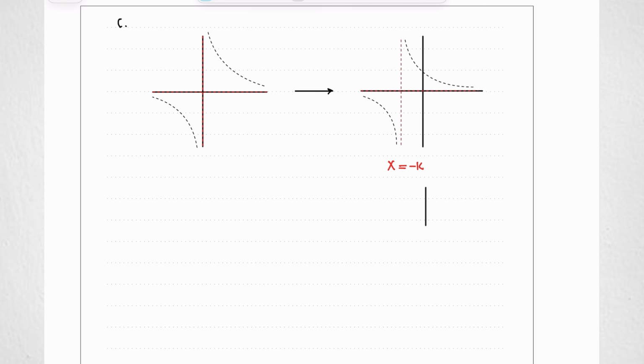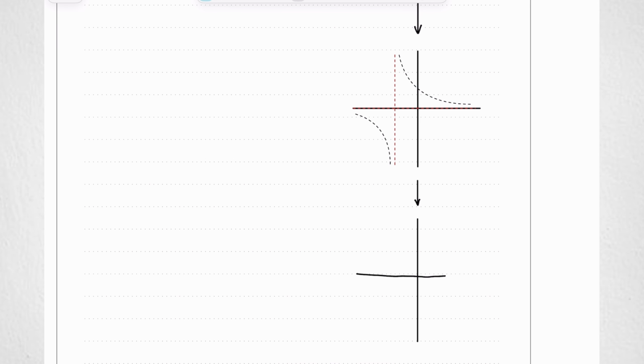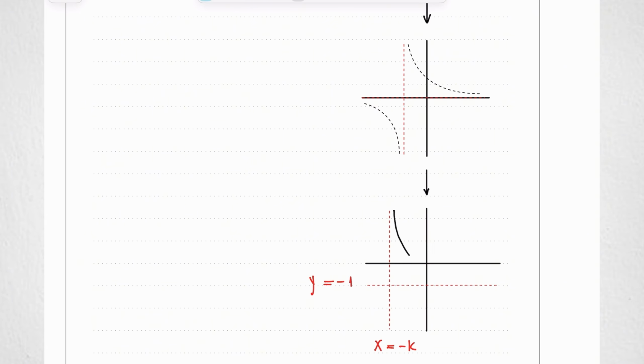Then we have a vertical stretch by a scale factor of 2. And given that I didn't place any scale in this graph, I can just copy the same one. It's important to notice that the vertical asymptote will not change, which is the same case for the horizontal one right now. But on the next step, which is a vertical shift 1 unit down, in this case, we will have a change in the horizontal asymptote, which will be y equals negative 1. So we have the following curves.